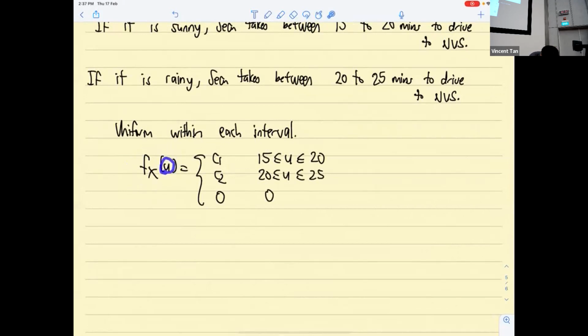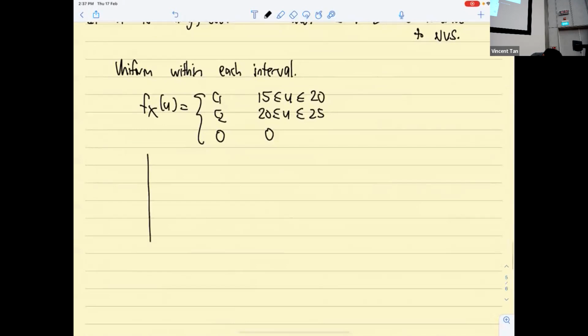If the value u falls in this particular interval, then the function takes on this value c1. If u takes on values between 20 and 25, then the function takes on the value c2. So the picture is as follows, right? So our random variable X takes on values between 15 and 25 only.